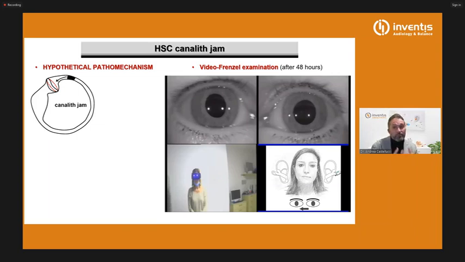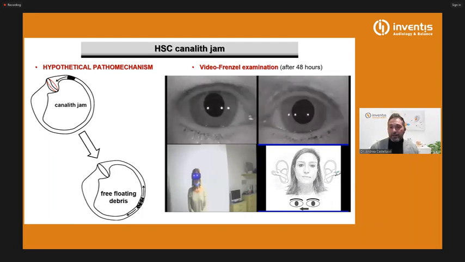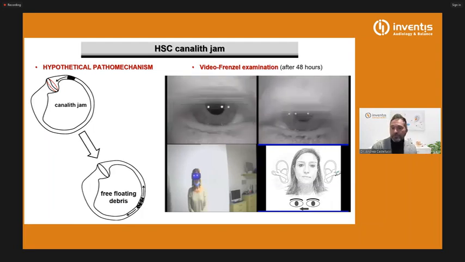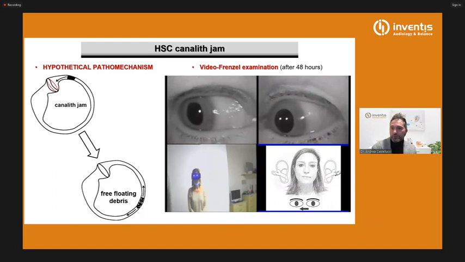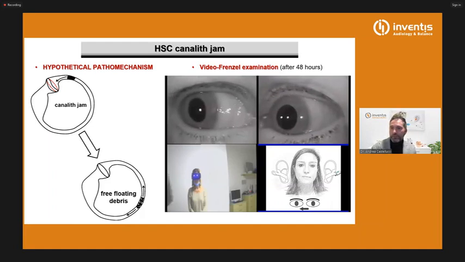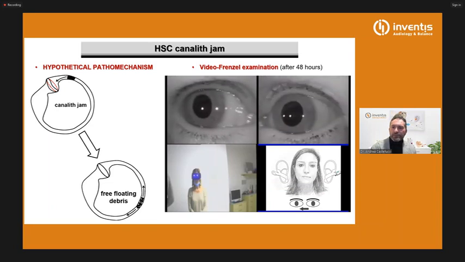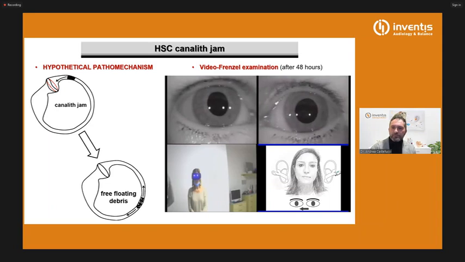So it was probably in the ampullary arm of the left horizontal canal. And after 48 hours, he suggested the patient to sleep on the affected side. And after 48 hours, you can see how it's converted. Look, now we have a tiny pseudo-spontaneous nystagmus toward the right side. You can see here, tiny right beating nystagmus.